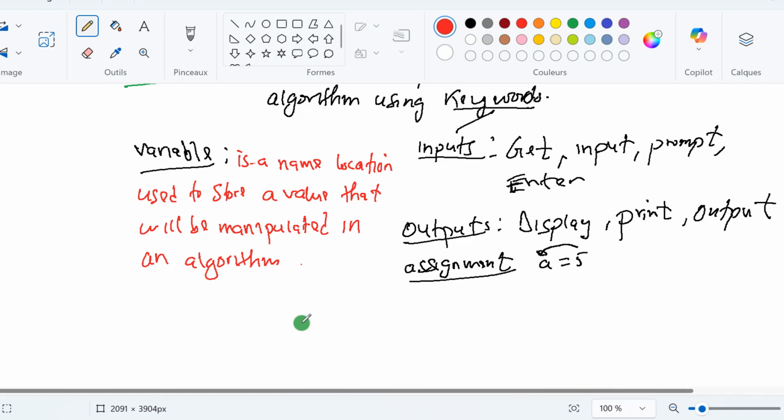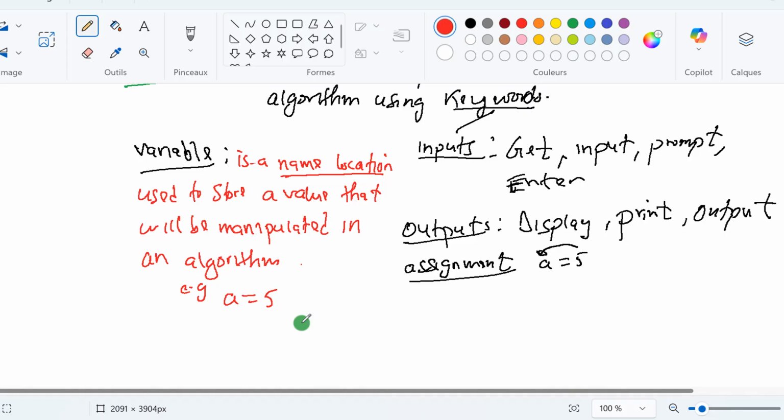Either you say in an algorithm or you say in a program, there's no problem. So a variable is a name location, don't forget it, used to store a value that will be manipulated in an algorithm. So e.g., I can have a name here called maybe A.